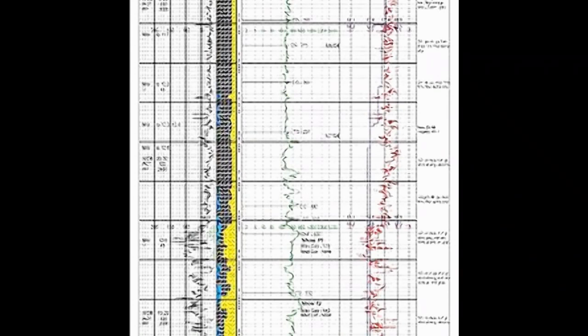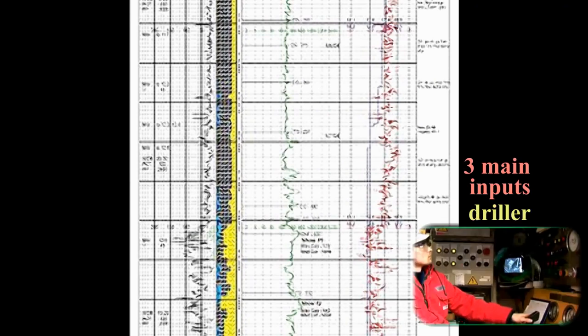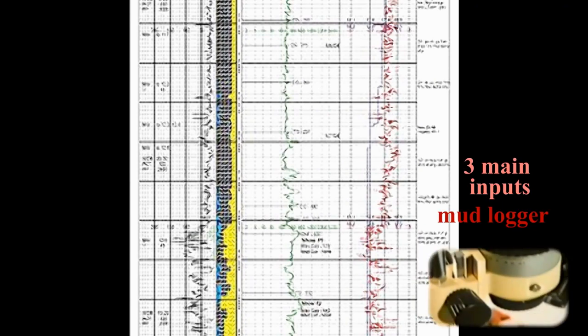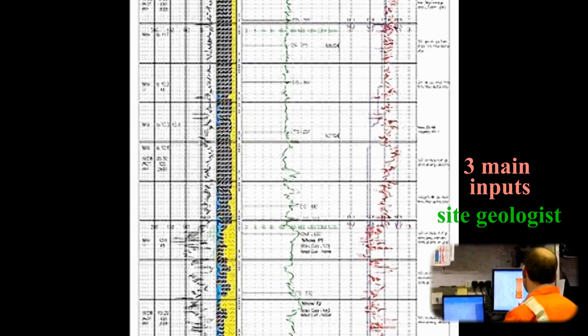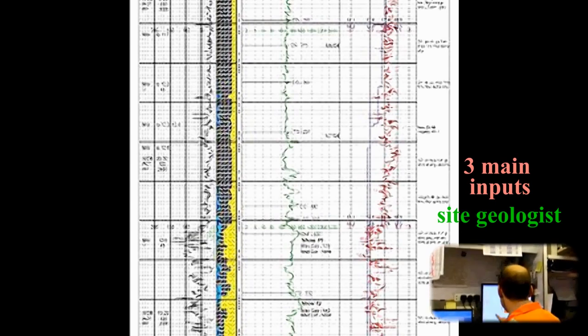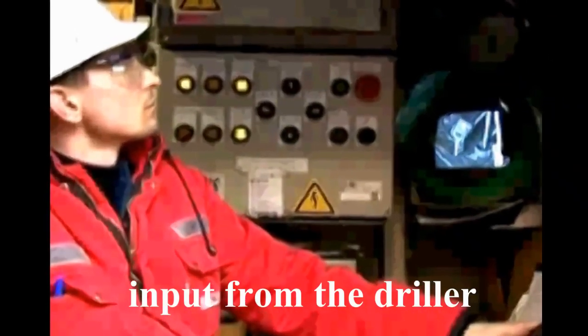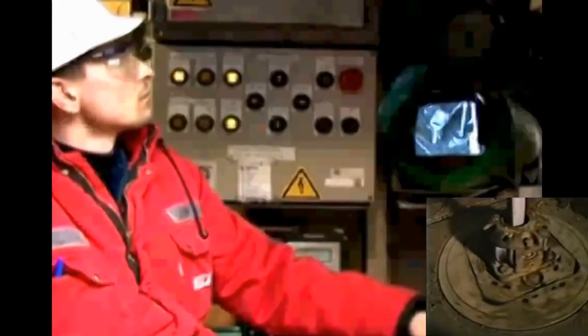This drilling operations log is a record with three main inputs from the driller, the mud logger, and the site geologist. Let me explain each input in a little more detail. We'll start with the input from the driller. While rotating the Kelly, the driller measures how fast or how slow the Kelly goes down.